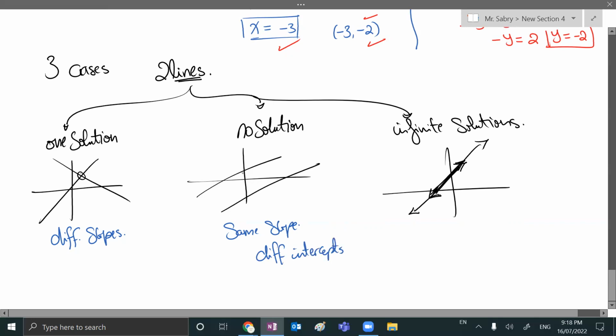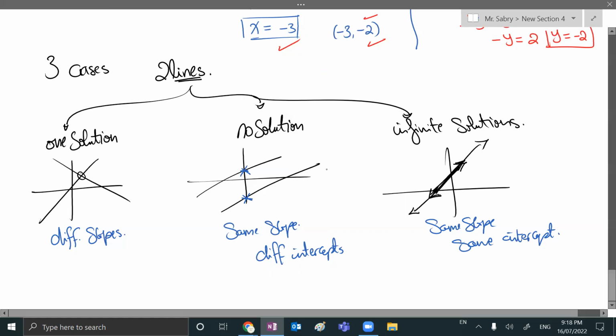Because if you look at these two, this line intersects the y-axis at a value, but this line must intersect at another value. Third case, infinite solutions, they have the same slope and the same y-intercept as well. So not just the slope, it's slope and y-intercept. In this case, we're talking about the same line. So infinite number of solutions.